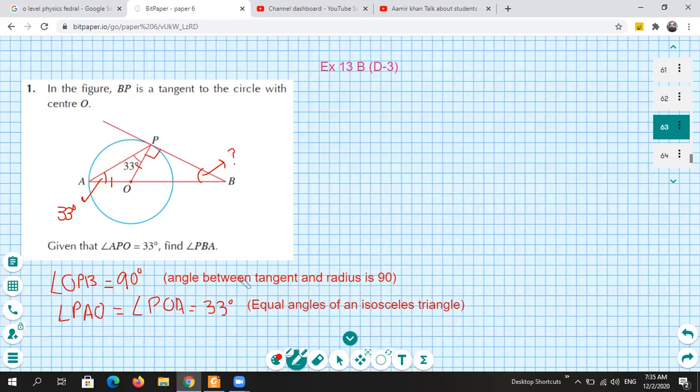So now we have two known angles of triangle APB. So we can apply the sum of angles equals 180 degrees on the triangle APB.